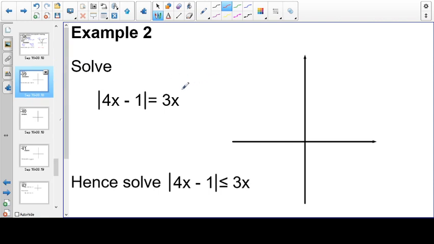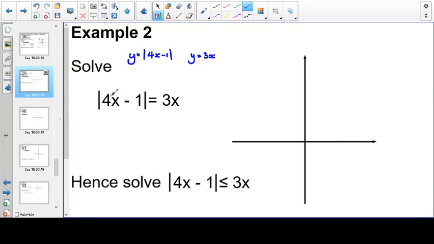Okay, next one. So we've got modulus 4x minus 1 equals 3x. So again, we're going to consider where the graph of y equals mod 4x minus 1 and the graph of y equals 3x intersect. Now these are both sloping lines. What is important here is that when you sketch it, your sketch takes into account the gradient of these lines.